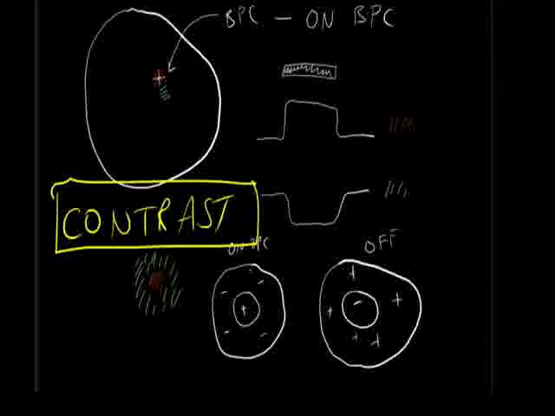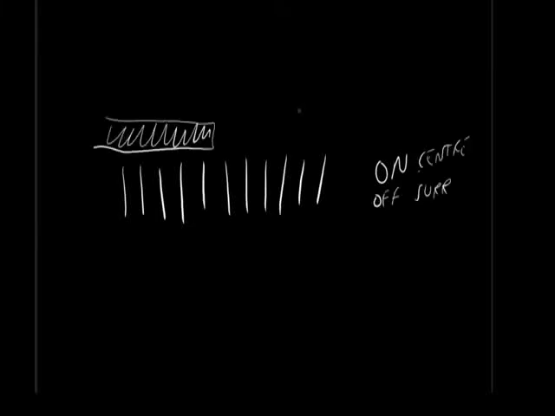So imagine I put all my bipolar cells in a row like this, and let's say they're all on bipolar cells. Let's see what happens when we have an edge.